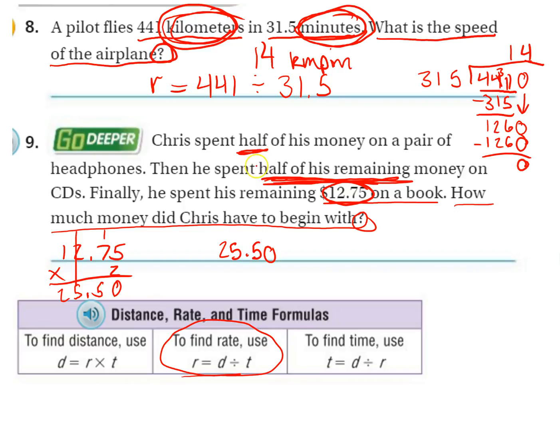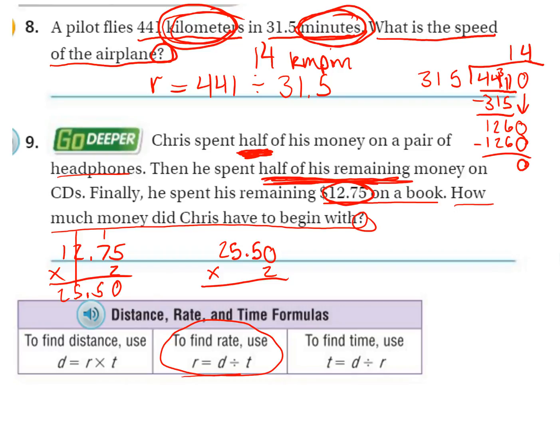And 25.50 was half of the money he spent on his headphones. So again, I need to multiply it by 2, because since I'm going backwards, I'm doing the opposite. If I was going forward, if I knew how much money he started with, and I said half of that, I would divide by 2.